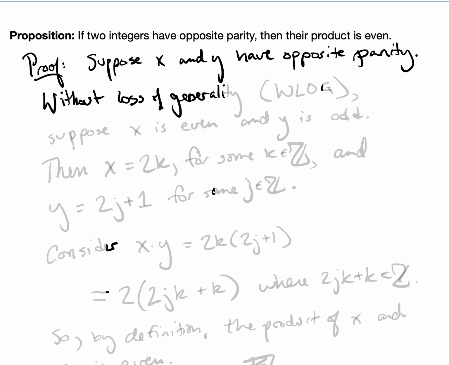Without loss of generality, it's often abbreviated WLOG. Without loss of generality, suppose that x is even and y is odd. And again, we can do that because there is no structural or logical difference between x being even and y being odd, and y being even and x being odd. We know that labels given to mathematical objects or numbers do not matter.